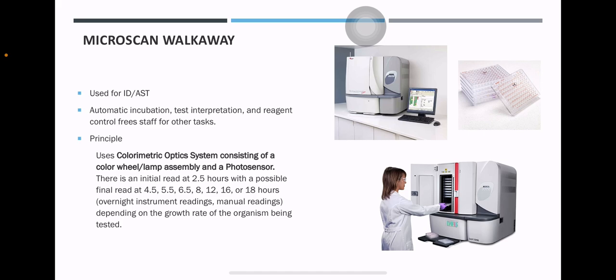Imagine that, it is really fast. It reads biochemical and growth reactions using a colorimetric optical system, and the color determines the identification and the AST of the organism. Think of it this way: MicroScan means micro colors are scanned.